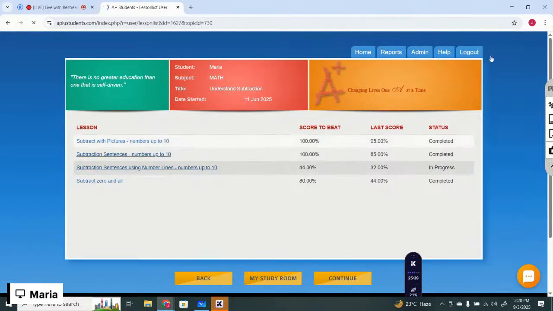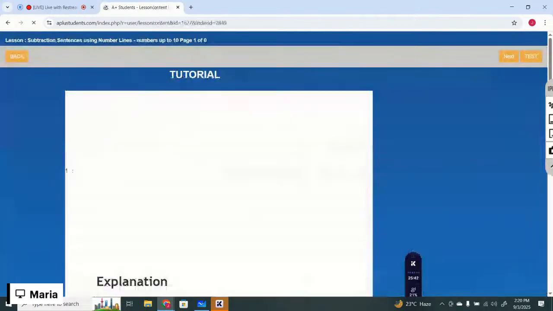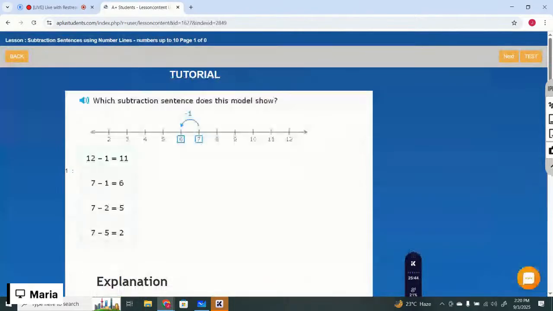Subtraction sentences using number lines. Which subtraction sentence does the model show?